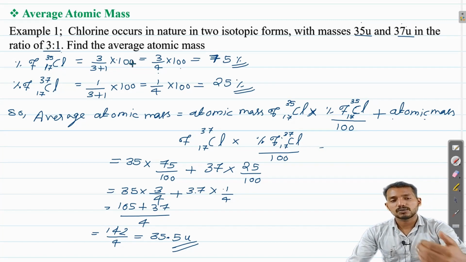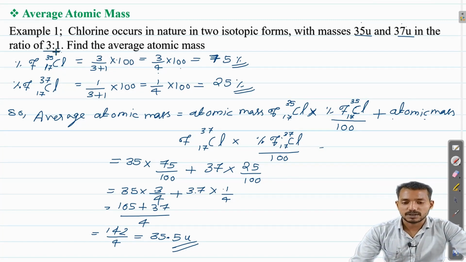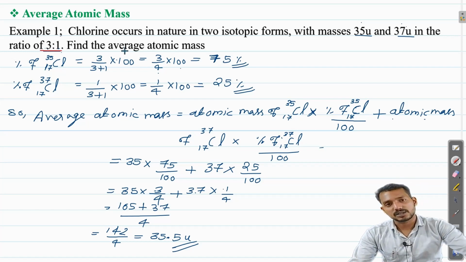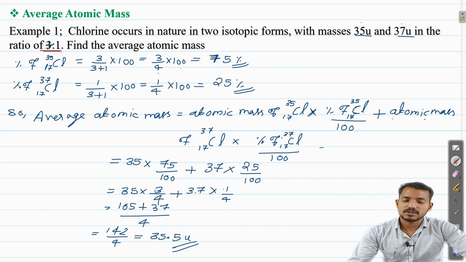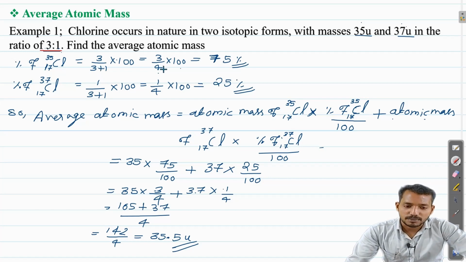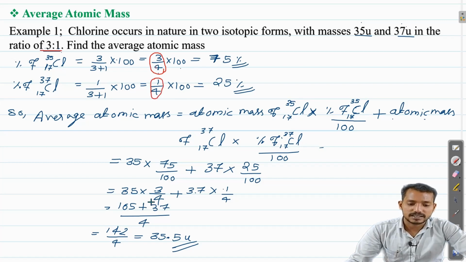I will tell you one more thing while calculating this average atomic mass. If a ratio is given, then we don't need to directly convert it into a percentage. Just find the fraction from the ratio itself. What did we get here? 3/4. Am I right? And here it is 1/4. Just multiply that fraction here itself, 3/4 and here 1/4.